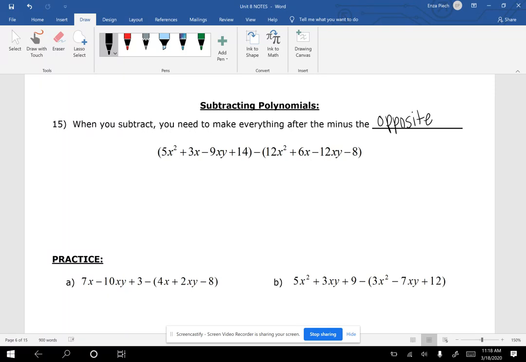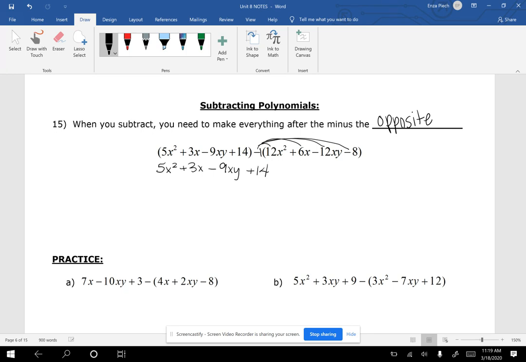Our invisible math rules tell us that we actually have a -1 here that we could distribute to every value inside. So what it's going to look like is everything in the first set of parentheses will remain the same: 5x squared plus 3x minus 9xy plus 14.